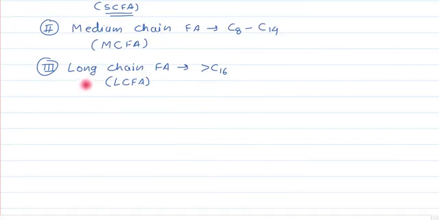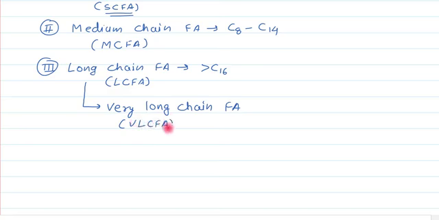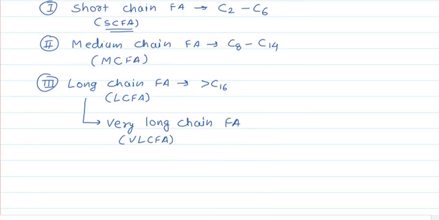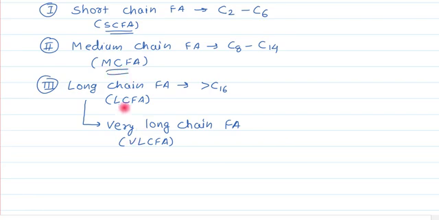Now in some books, there is also one subgroup of long chain fatty acid, and that is very long chain fatty acid, with the short form VLCFA. These short forms, SCFA, MCFA, LCFA, VLCFA, are all important and commonly used.